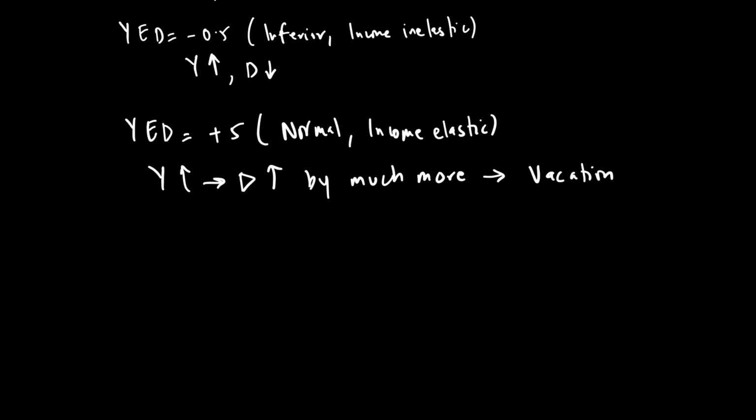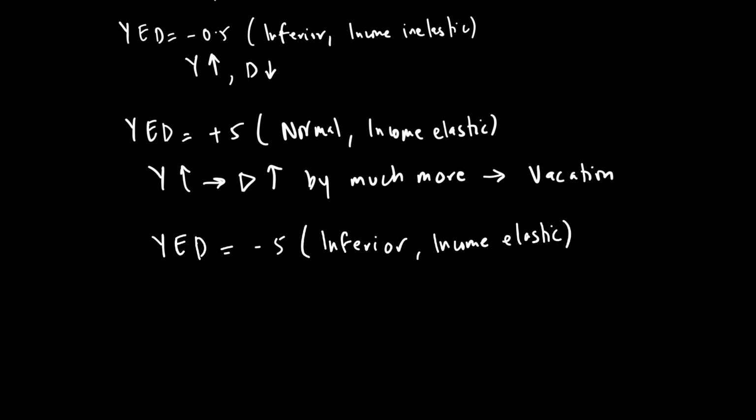And we can say demand for vacations could be such, where people, when they have better incomes, demand more of vacations. On the other hand, when YD is a minus 5, we call it an inferior good, because it's a minus, and it's an income elastic inferior good. It's like a good where you completely switch when your income goes up. So income goes up, demand will fall by much more.